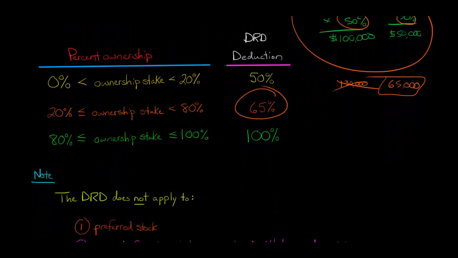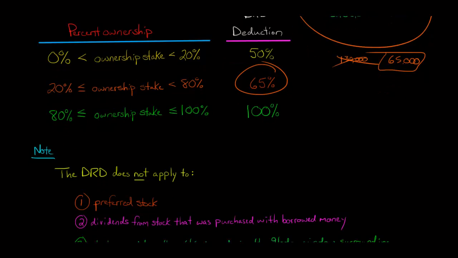Now, beyond these income limitations, the dividend received deduction does not apply to preferred stock. We're only talking about dividends on common stock here. And it also does not apply to dividends from stock that was purchased with borrowed money. What the tax code is trying to do here is say, if you borrow money, you're going to get a tax deduction for the interest.